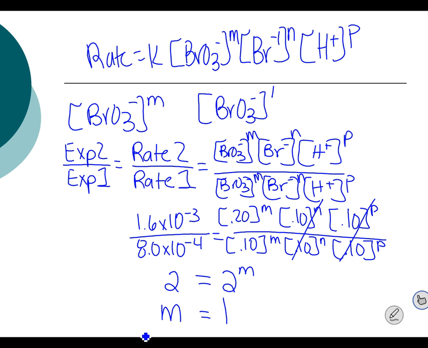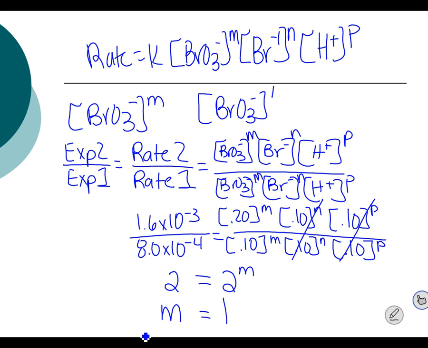We are going to look for 2 reactions that we can have the bromate this time and the hydrogen being constant while our bromide changes. And I am not going to go back for fear that I might actually lose what I have written here. So let's go look at your textbook. So we're looking for 2 experiments where our bromate and our hydrogen are constant and our bromide is changing.